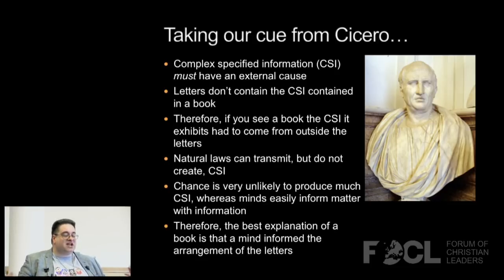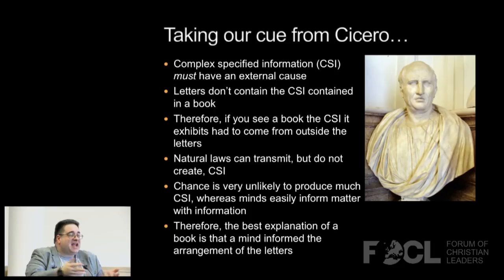So therefore, if you see a book or Scrabble letters arranged to spell out a whole book, the complex specified information that that pattern exhibits had to come from outside of the letters. It had to come from outside of the tiles or outside of the ink on the page.